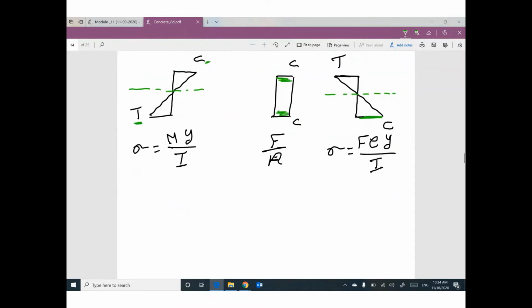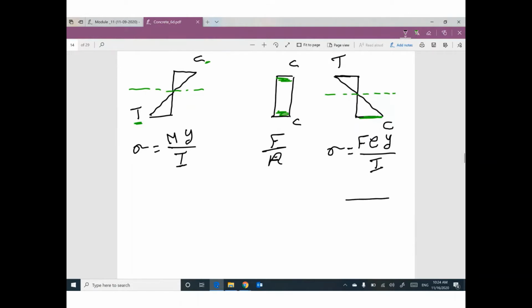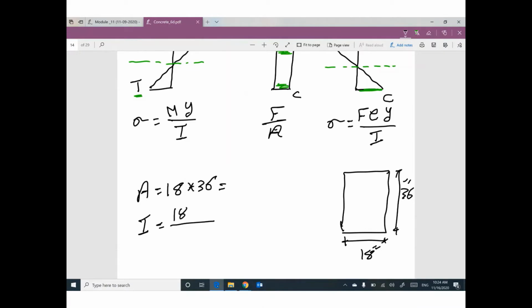Anyway, to figure out these values, your cross-section properties are not given, but the cross-section is given. We have 18 inch, we have 36 inch. So the area of this cross-section 18 times 36. The moment of inertia I equal 18 times 36 cube over 12. Here is the neutral axis at the centroid.